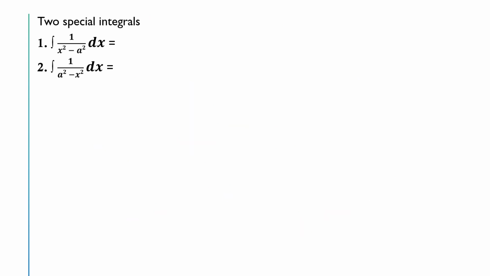Now we will see the two special integrals. Like standard integrals which we have to remember, the formula for these integrals also should be remembered. The first one is integral 1 by x square minus a square into dx. So integral 1 by x square minus a square into dx is nothing but it is 1 by 2a log mod x minus a upon x plus a plus c.